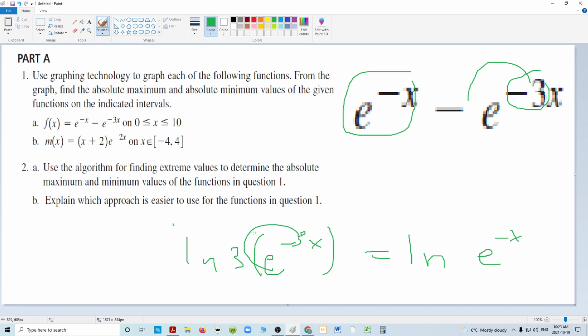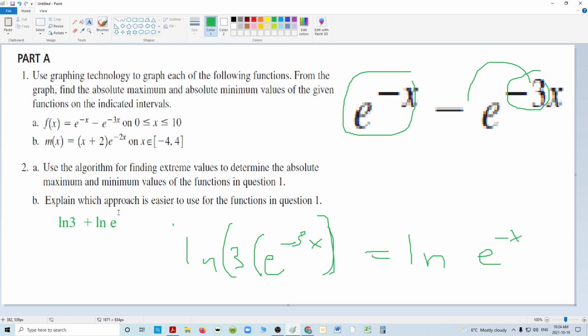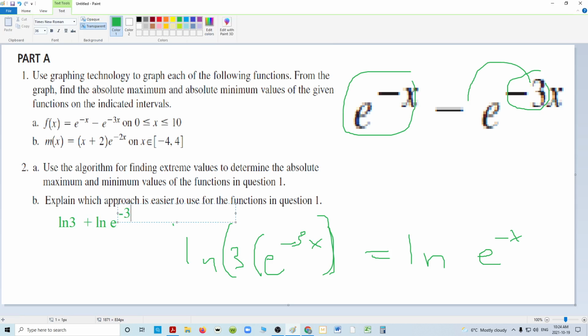This here, again, don't be confused, is the product rule. It becomes ln 3 plus ln of e to the negative 3x. This other side becomes ln e to the negative x.